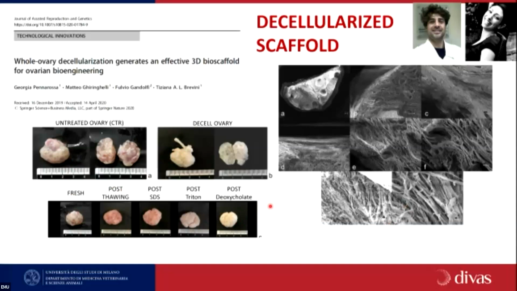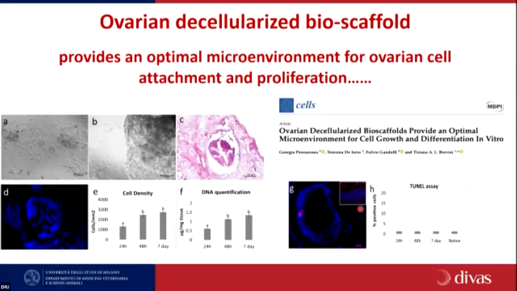So the next step was, once we knew that we didn't have toxicity, apoptotic process was very low, and the morphology was kept, we were pleased with that, and so we decided to repopulate this scaffold. And we were repopulating with ovarian cells. So this was step number one.